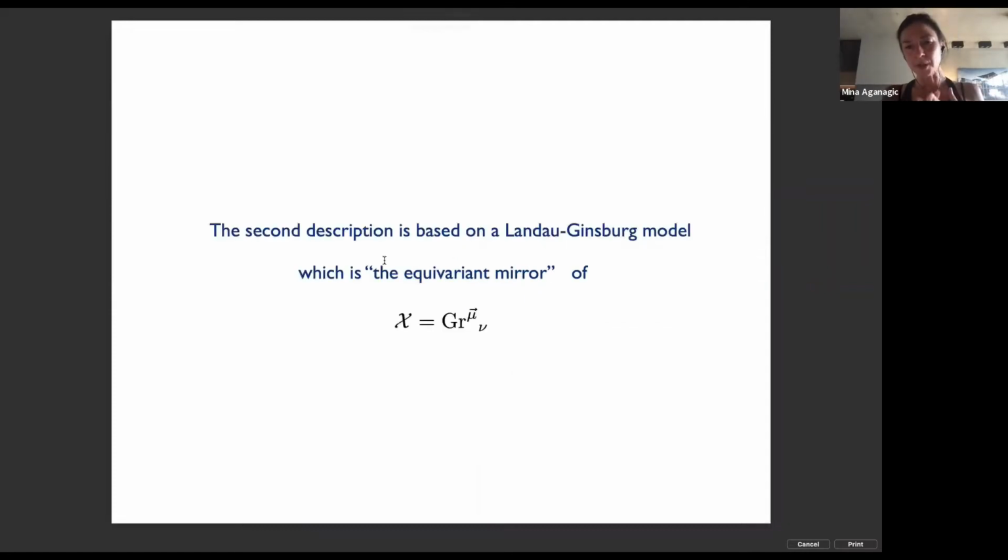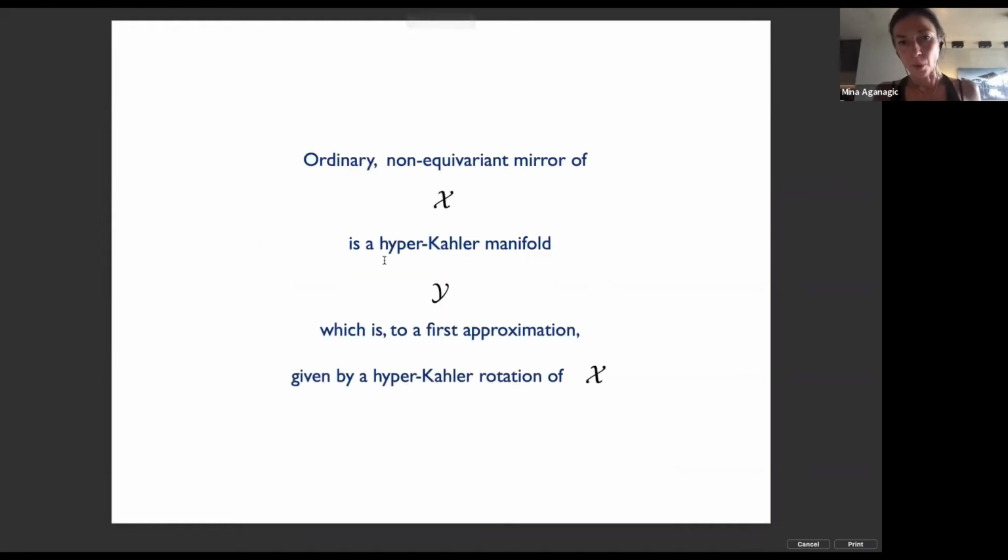So the second description is based on a Landau-Ginzburg model, which is the equivariant mirror of the manifold X that featured so far. Since X is hyperkähler, the ordinary non-equivariant mirror of X is, to a first approximation, given by hyperkähler rotation of X. It's true to a first approximation, but not exactly.